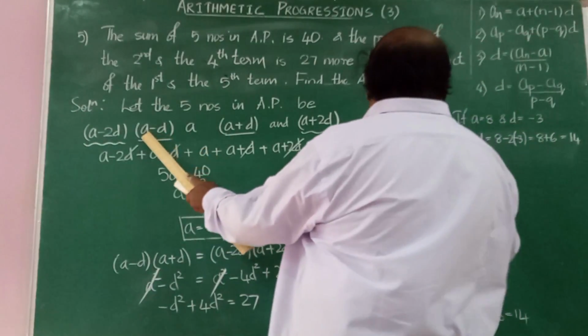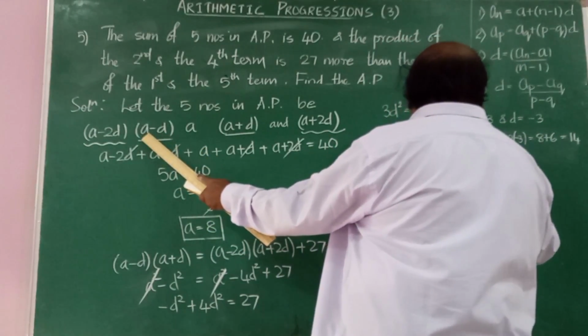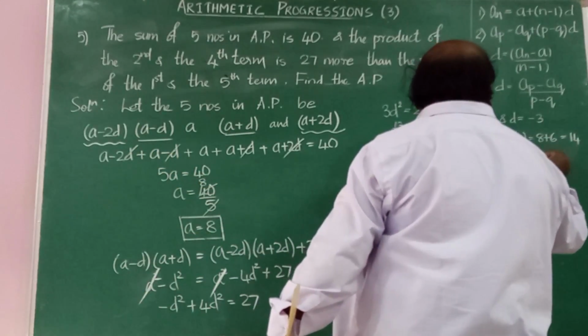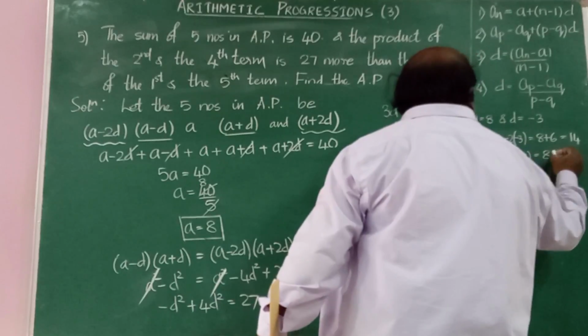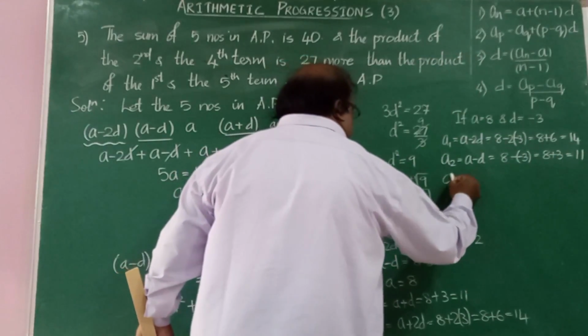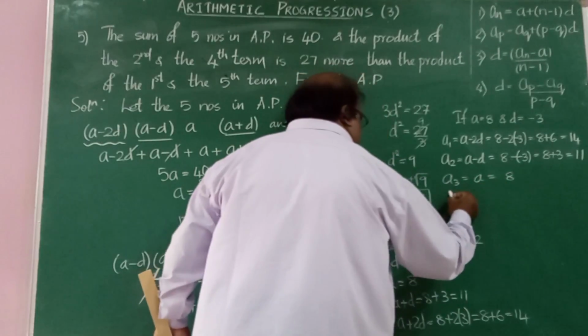Your second term would have been A minus D, that is 8 minus of minus 3. Minus into minus plus, 11. Your third term would be A, which is 8.